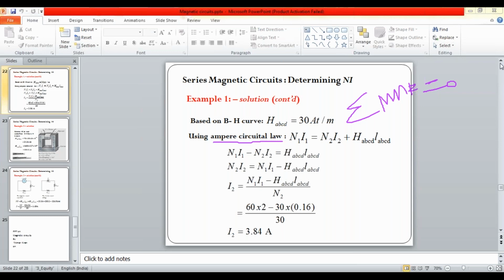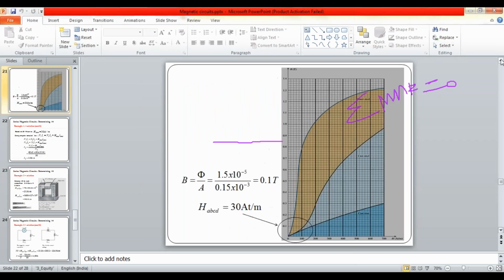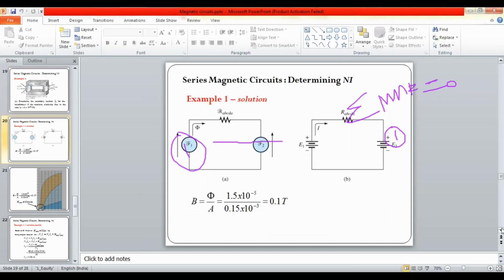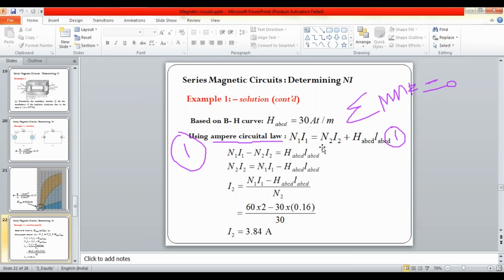Now in the circuit, we have the first MMF and the second MMF. It is N1 I1 plus N2 I2. There are 2 MMFs.